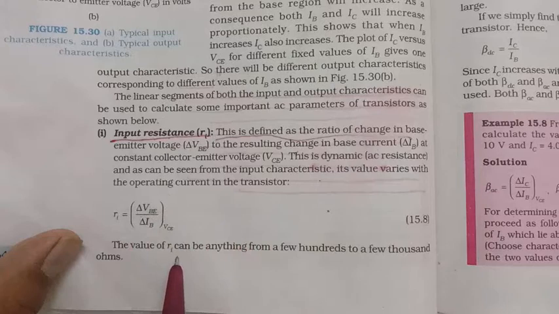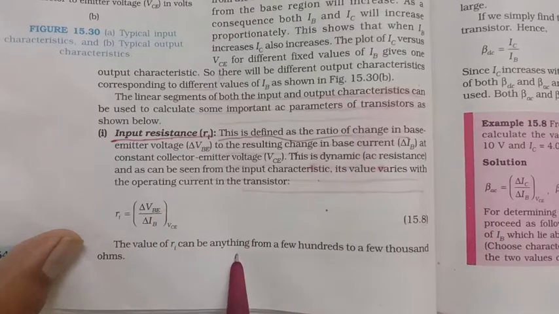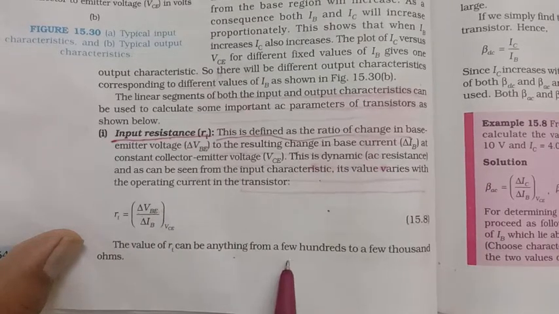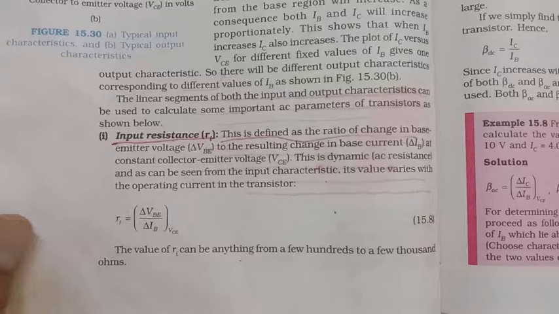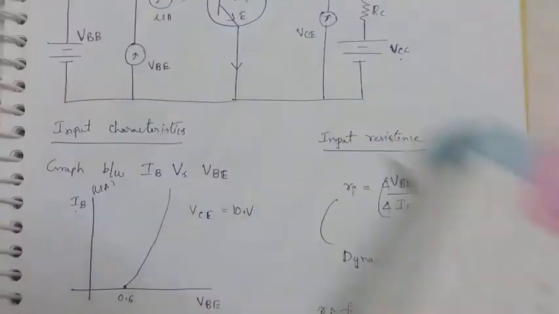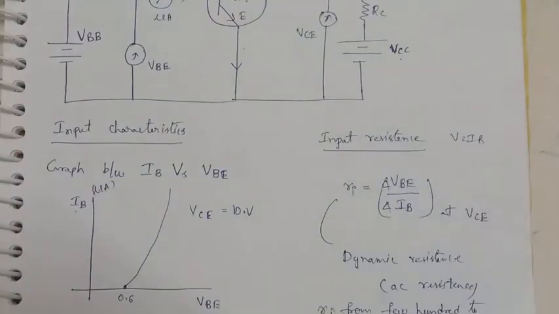So the value of Ri can be anything from a few hundreds to a few thousand ohms. So this is the input characteristics, and we can go for the output characteristics.